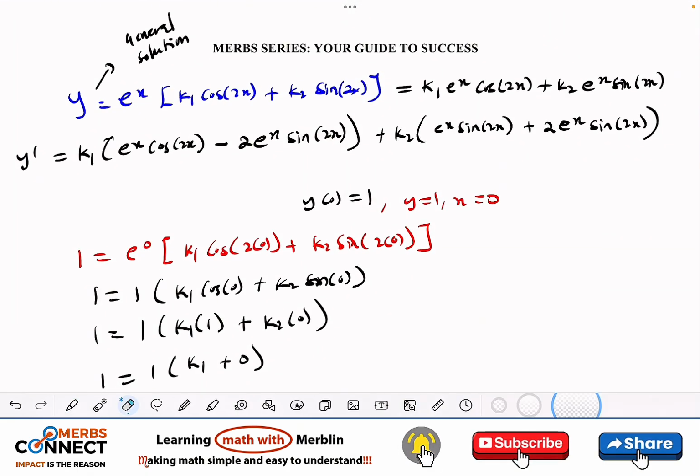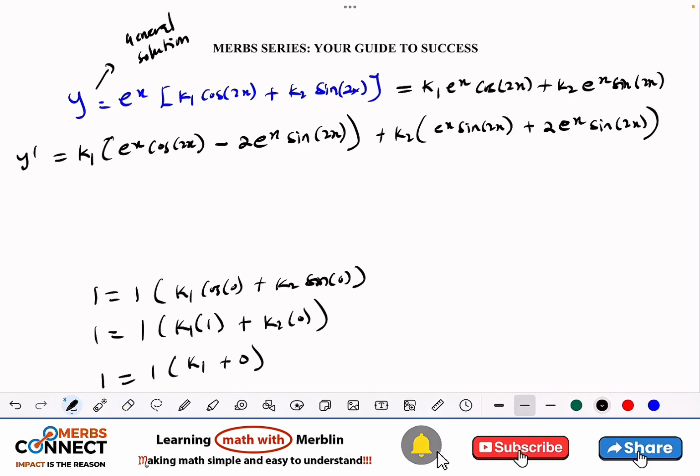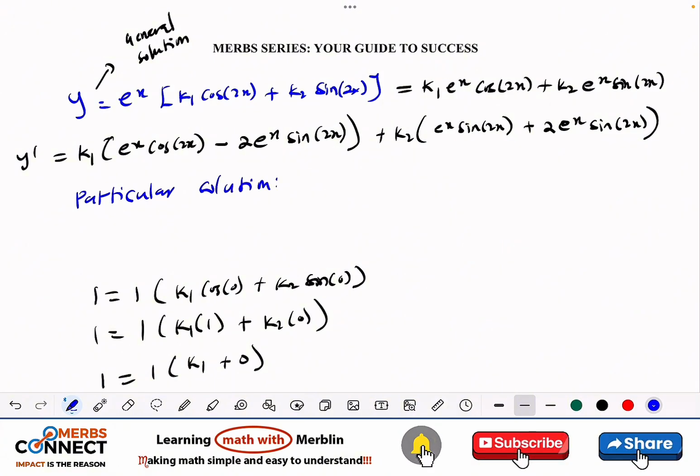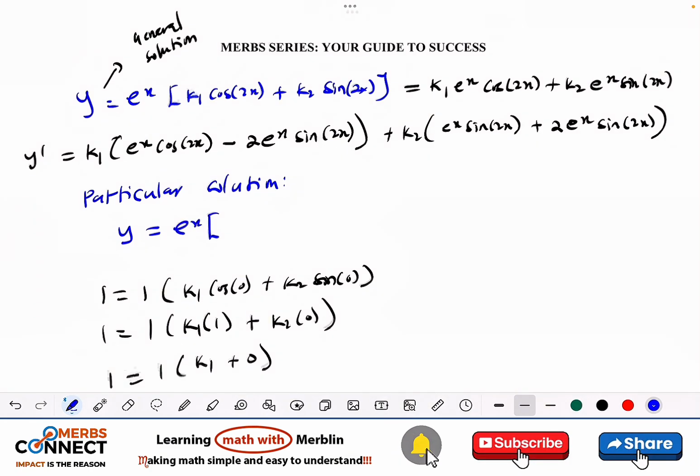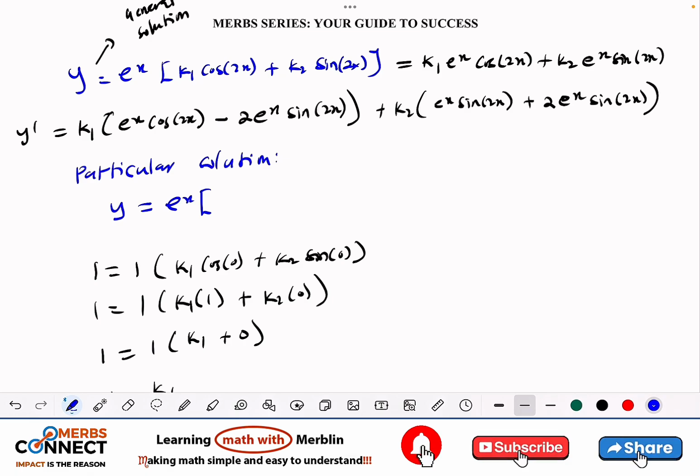So now that we have the general solution, we can write the particular solution. So the particular solution is going to give us y is equal to, we are going to have e to the power x, and then k1 is 1, so we are going to have cos of 2x. K2 is 0, so this is 0 times sine 2x.